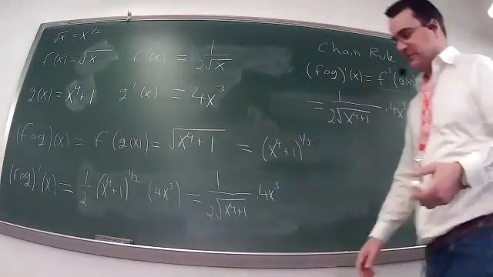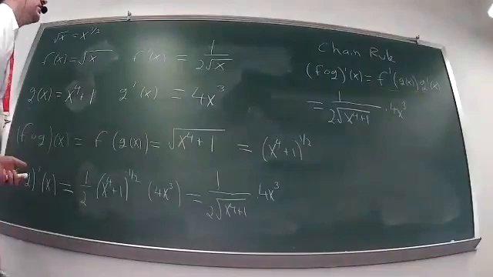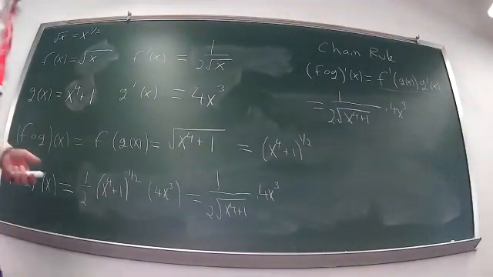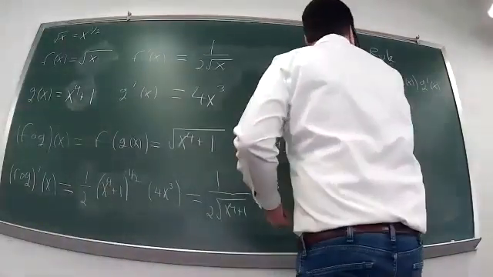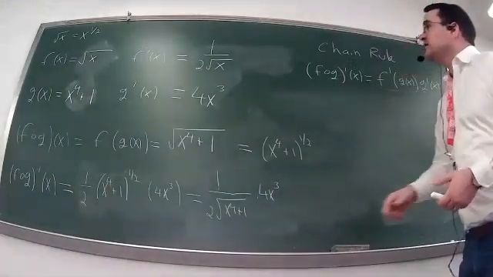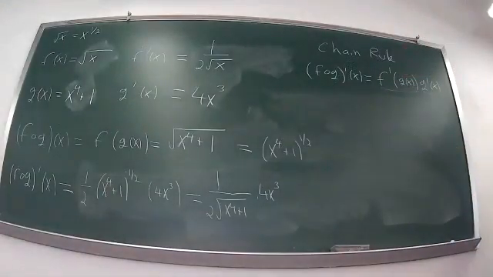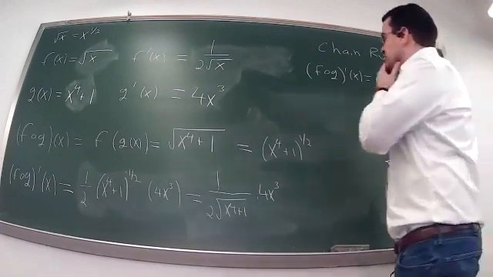And I'll also take this time to point out that there is another way to notate this. I'm using this prime notation, but there's another notation for how to take a derivative.